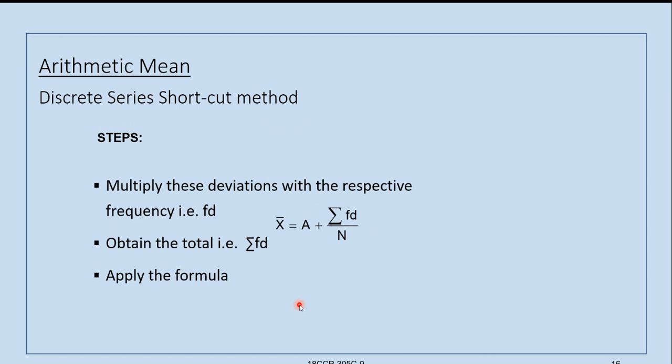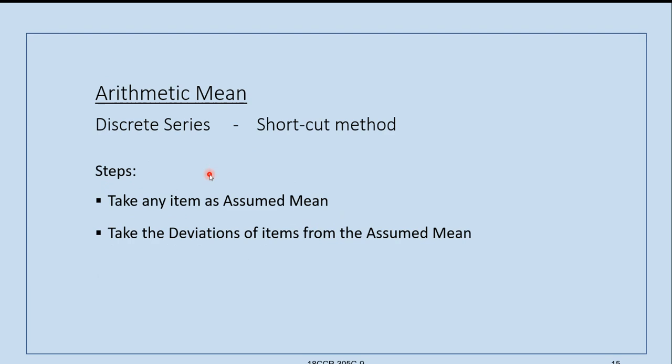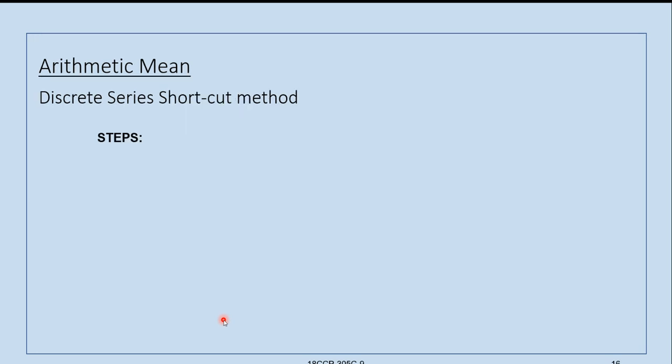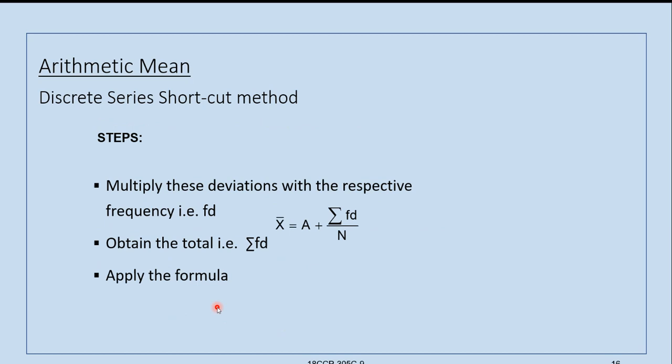So we will see the steps. The next step: in the previous step, we have seen denote these deviations by d. And in the next step, that is fourth step, multiply these deviations with respect to frequency, fd. I have told you that we should take fd in the fourth column.